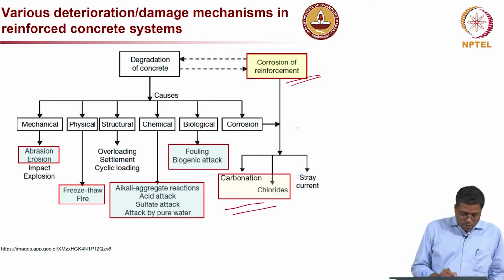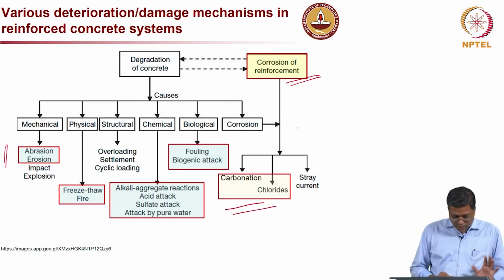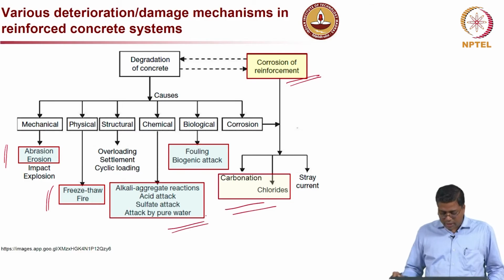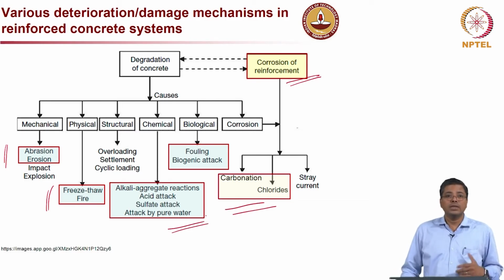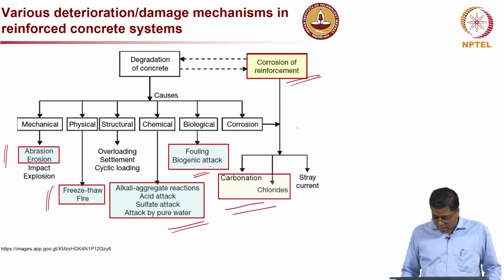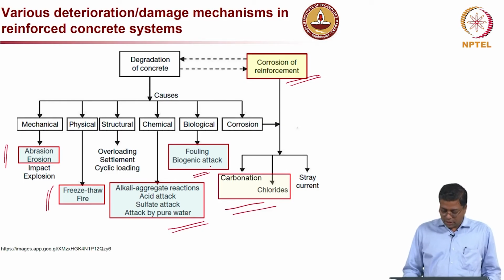When we talk about the concrete, we are going to talk about abrasion, erosion very briefly, freeze thaw attack and fire, and then also alkali aggregate reaction or alkali silica reaction, acid attack, and sulphate attack. So, all these we will be discussing.